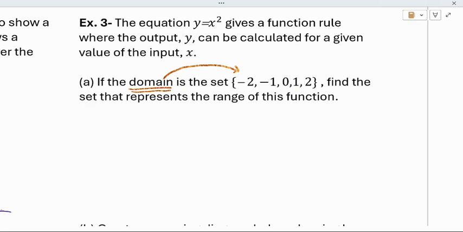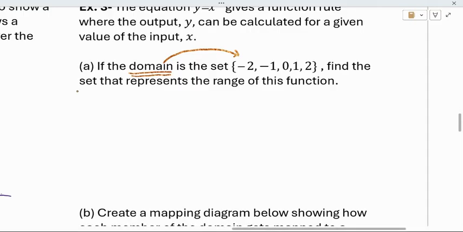We need to find the set that represents the range. That is the same thing as saying, let x equal -2, let x equal -1, let x equal 0. So let's start with that and evaluate.